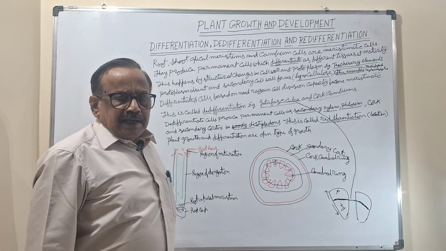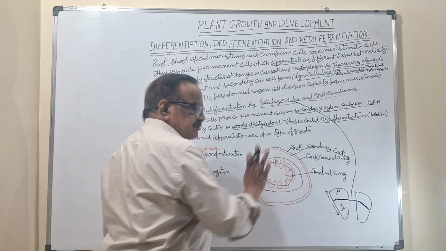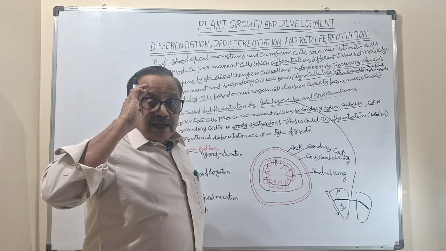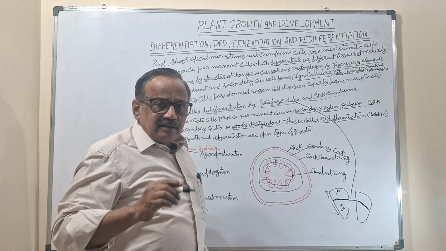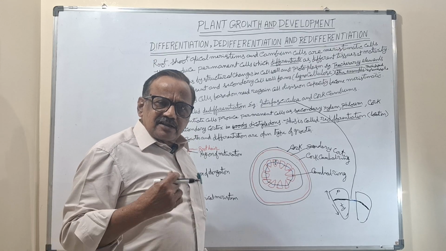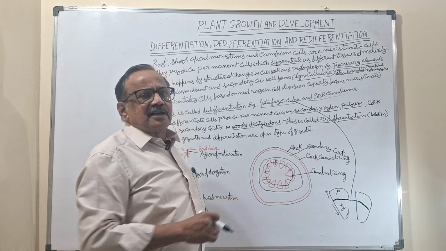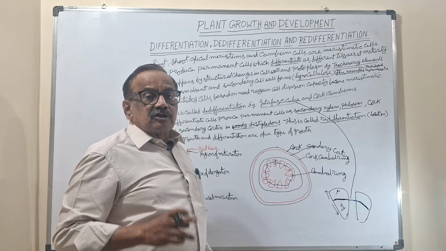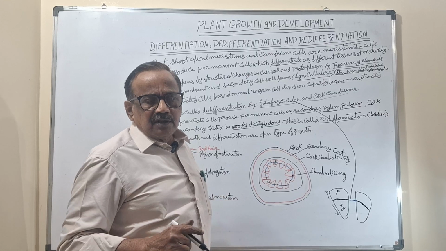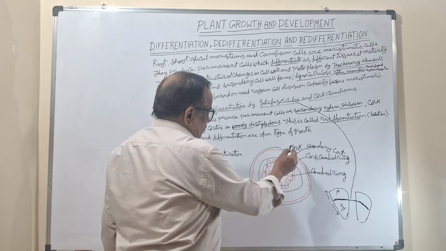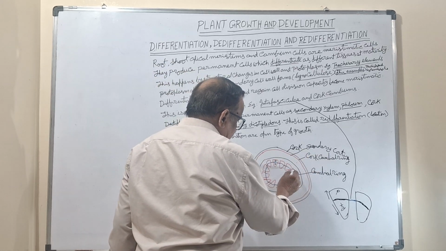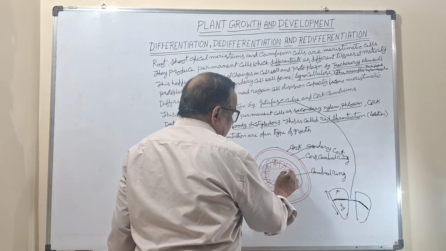Now it is meristematic. When it is meristematic, it also sends some of the cells out into the G0 stage. Permanent cells will be produced by these cambial rings. Those permanent cells again form the tissues. What are the tissues? Cork tissue, secondary cortex tissue, and secondary xylem and secondary phloem.